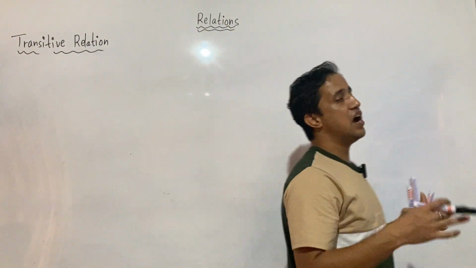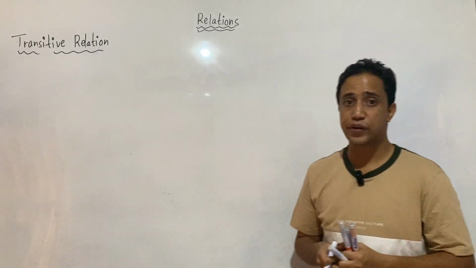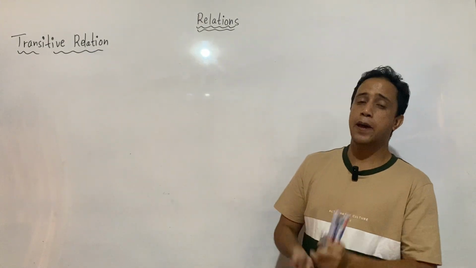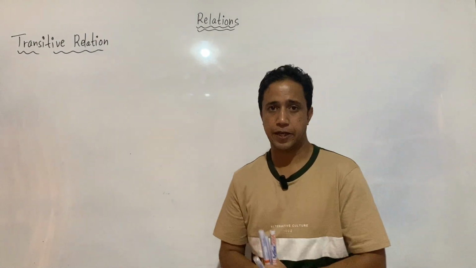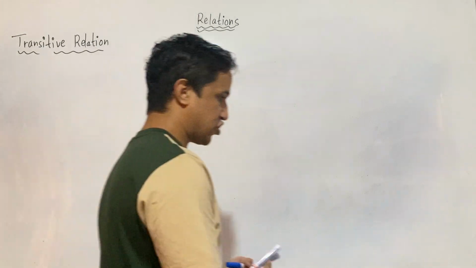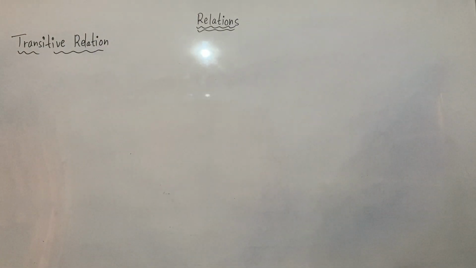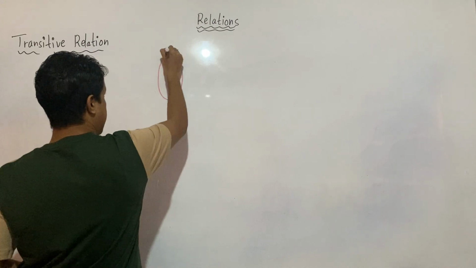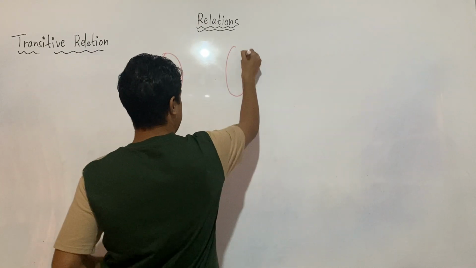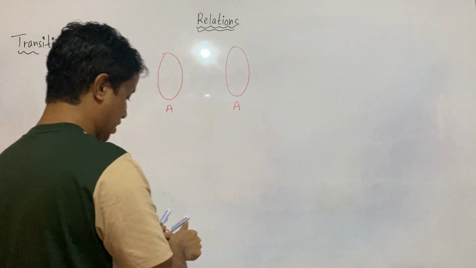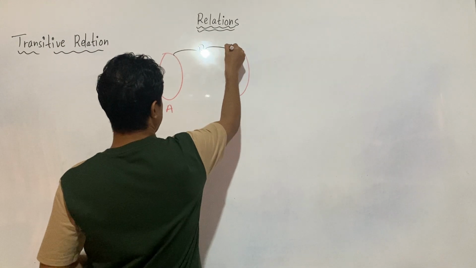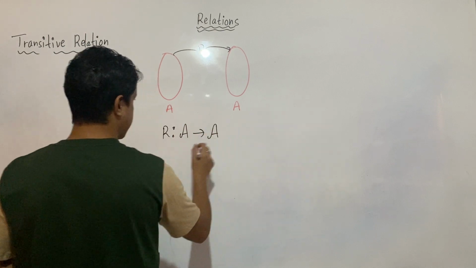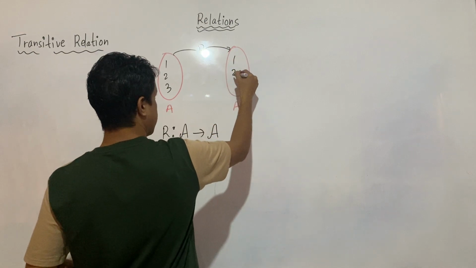The definition says that a given relation is said to be a transitive relation if A is related to B and B is related to C, then A must be related to C. Here I have set A, and here again set A. So here I have a relation from set A to A, which means the relation is on set A. Here I have elements 1, 2, 3, and again the same elements 1, 2, 3.